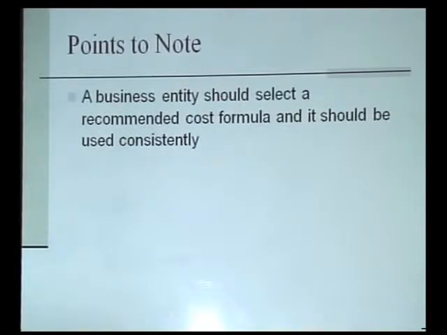Then these points are important. When a business entity selects a method or the cost formula, that should be used continuously. This is according to the consistency principle. So if you use one method, then you have to continue to use the same method.